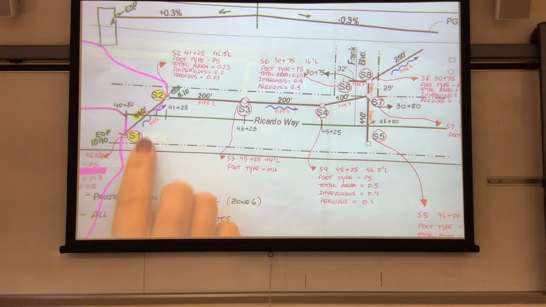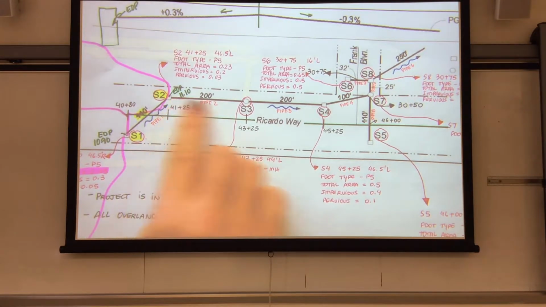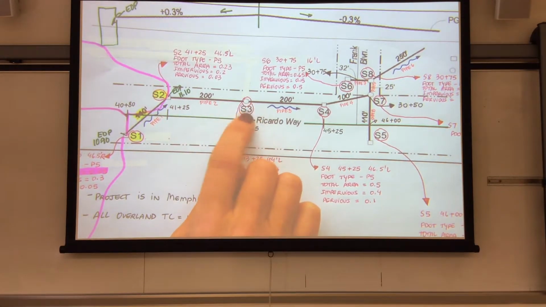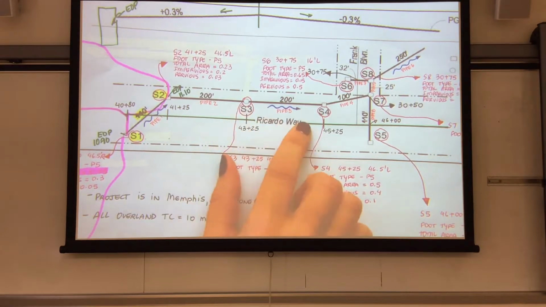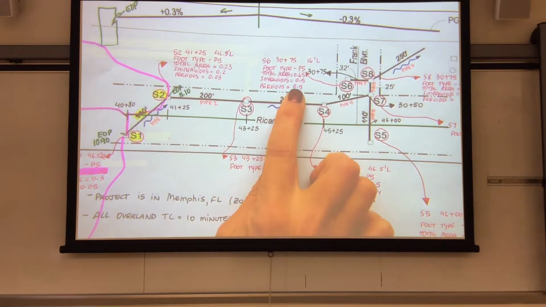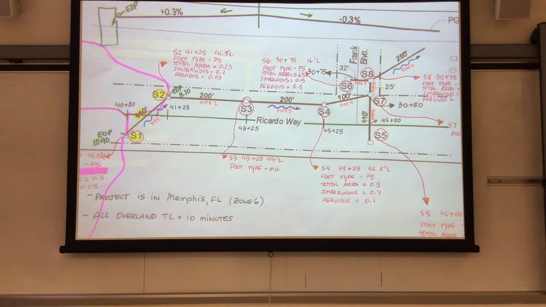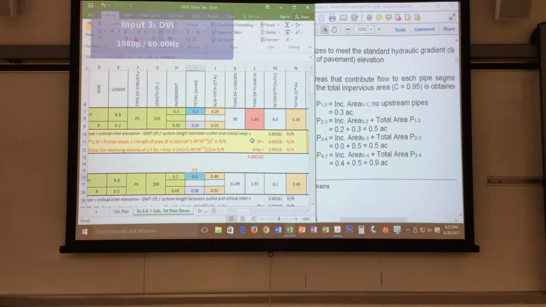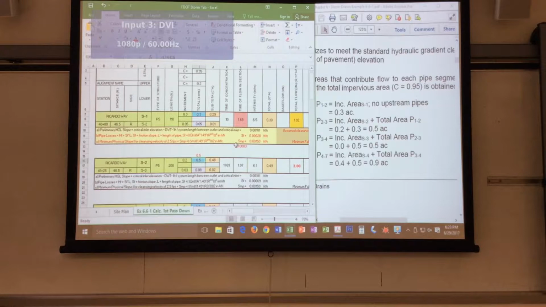It's just going to be 0.3, 0.2. It's going to still be the same 0.5. This one's going to be the 0.5 plus 0.15, okay? So it's helpful to have the sketch to write it out if you're a visual person because you tend to possibly get lost in an Excel sheet.